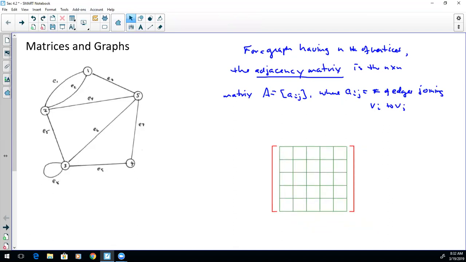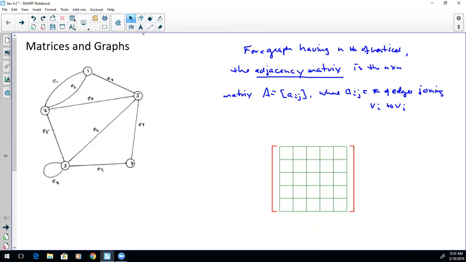Now, excuse me. I've got a matrix drawn down here in the lower right. The green grid is nothing except to help me keep things straight. If I don't put some sort of grid there, my alignment's going to look terrible.